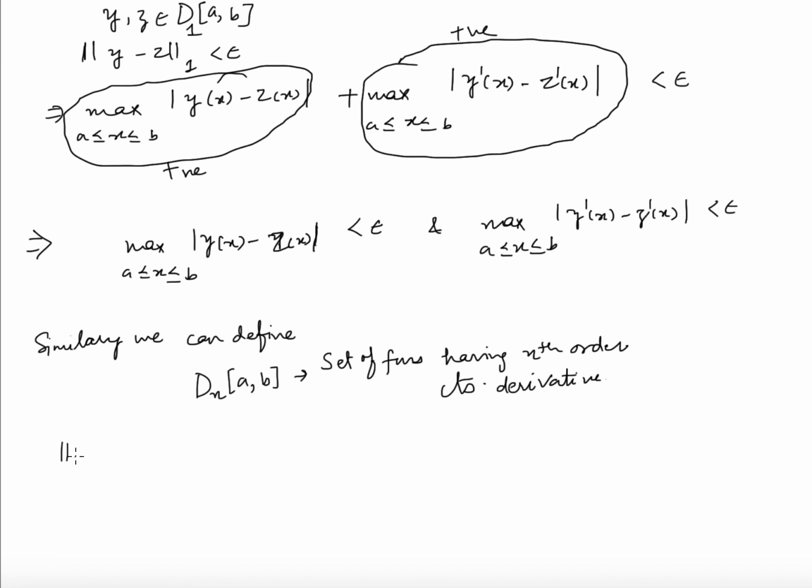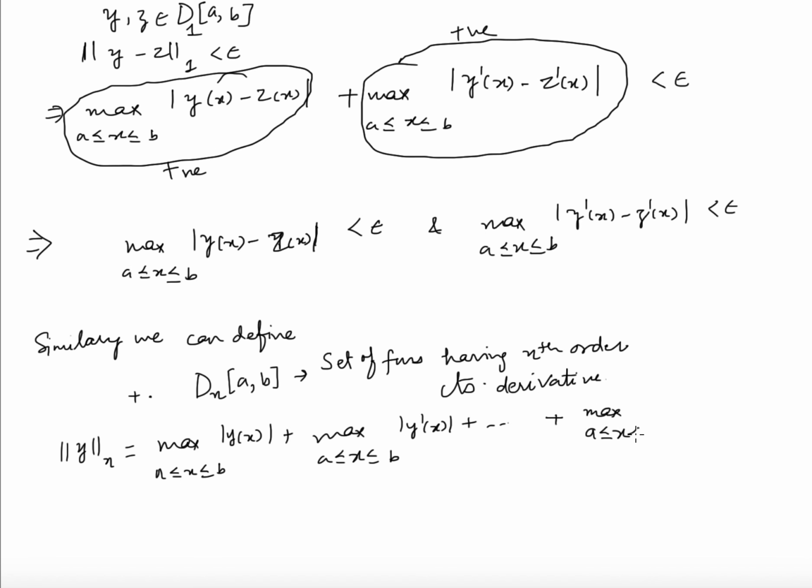The plus and dot operations will be the same, and you define the norm as the maximum over a ≤ x ≤ b of |y(x)|, then |y'(x)|, and so on, up to the nth derivative, like this. This is the norm.